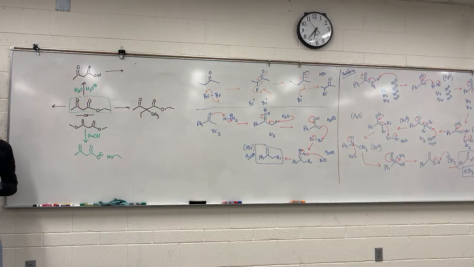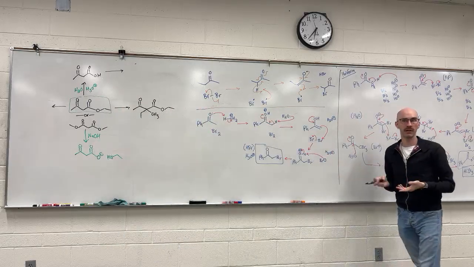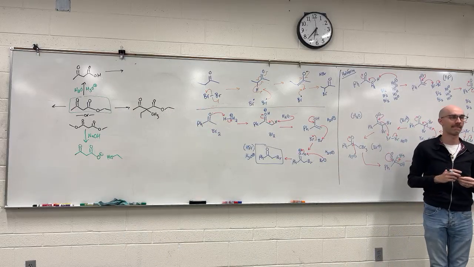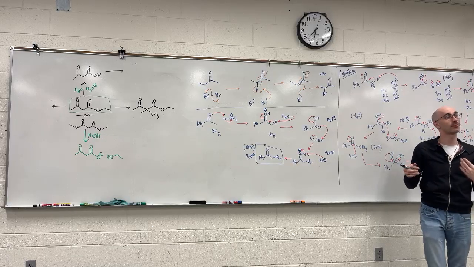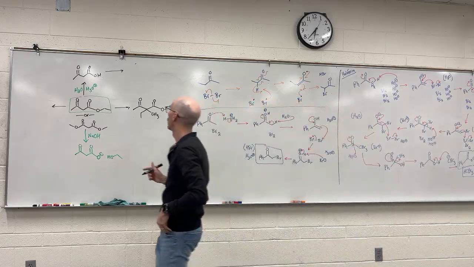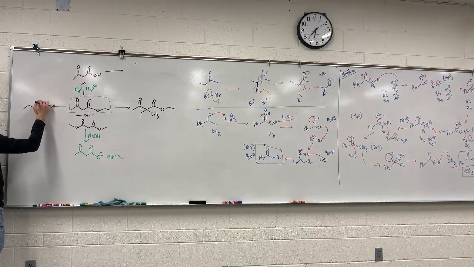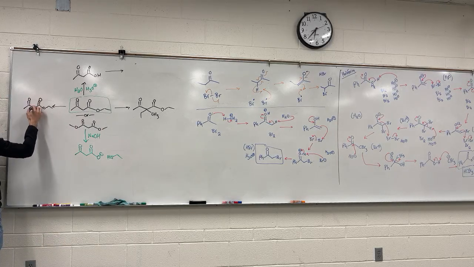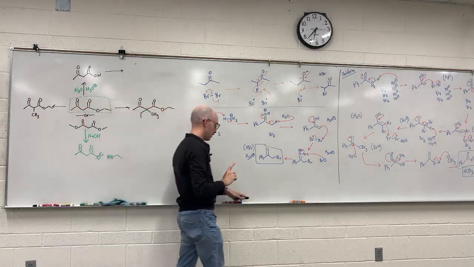And it's not substitution like we had before. It's not halogenation. Now we're doing what? Alkylation. We're adding alkyl groups to our alpha carbons. On one side, I'm doing dialkylation. On the other side, just monoalkylation.